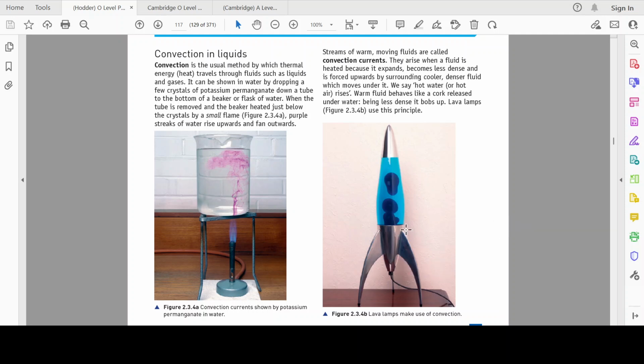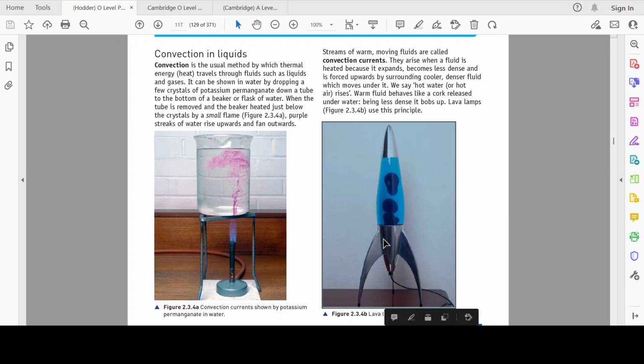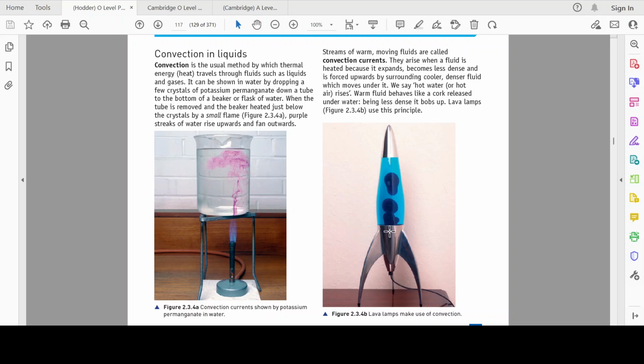What happens is, when this blob comes down, it is heated, it expands, it becomes less dense, and moves up. When it goes up, after some time it cools down and comes back down, so these blobs continuously keep moving up and down through the lava lamp. So that's basically convection happening.